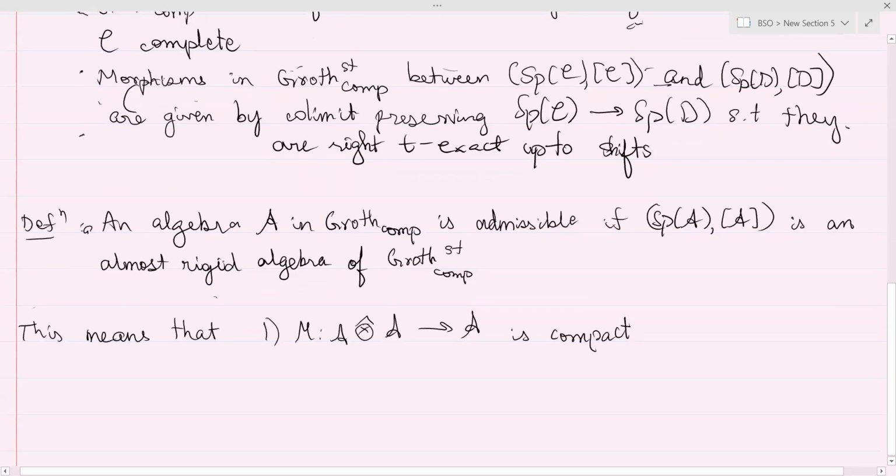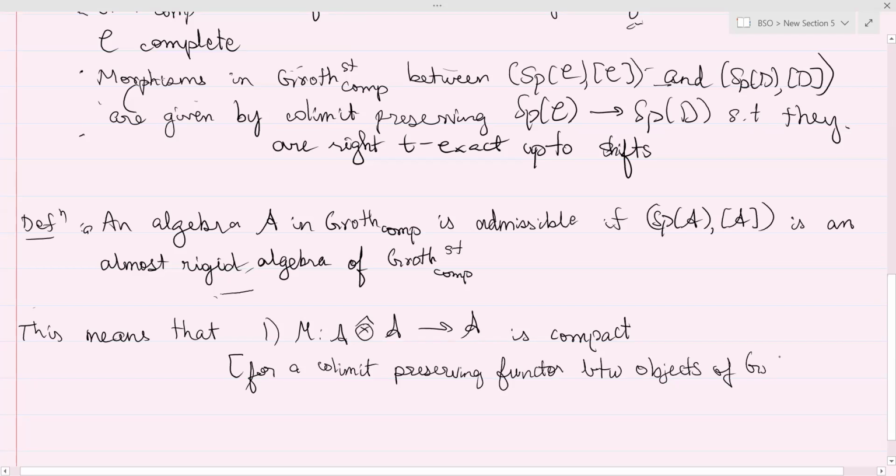So for a Coleman preserving functor between objects of Groth, I could have just said morphism in Groth, being compact is the same as the following: F is compact if and only if Sp of F admits a Coleman preserving right adjoint.